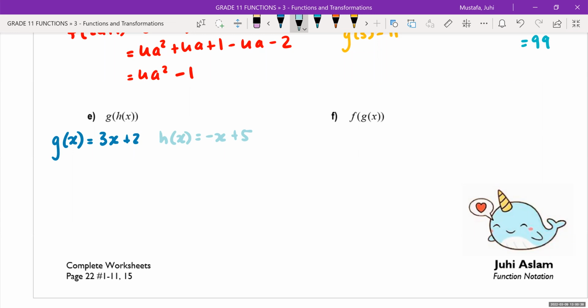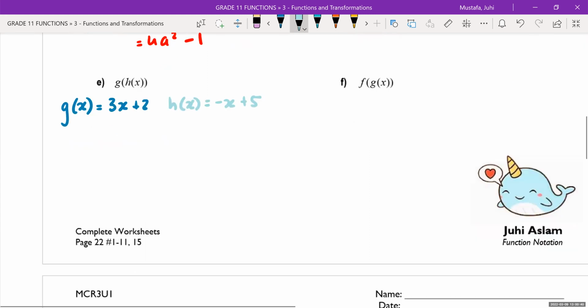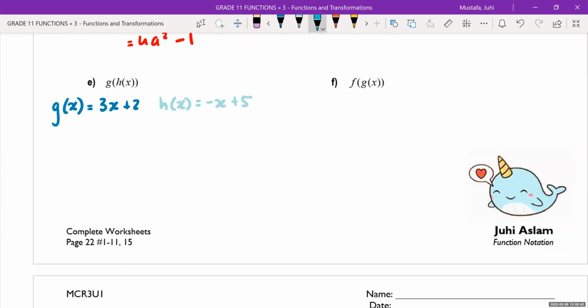I've just written out the functions because I'm not scrolling up, so I want to be able to see them. To solve this question, they're basically saying you want to replace all the x's in your g of x, this one and this one, with this entire function. So you want to take this entire function and put it into that x, and then you want to replace all of the x's in g of x with that function.